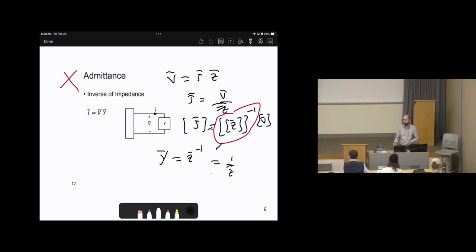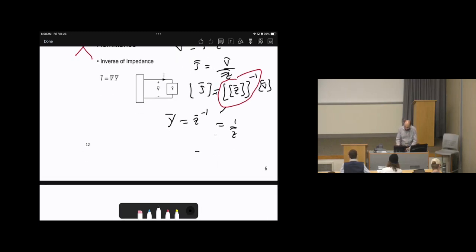What's the point of doing this? We can say directly I bar equals Y bar times V bar. What are the benefits? If we use iterative techniques or put this in software like MATLAB or any other software, we need to do a while loop or for loop maybe 1,000 times or 100 times. So we don't need to calculate the inverse inside the for loop, calculating the inverse 1,000 times.